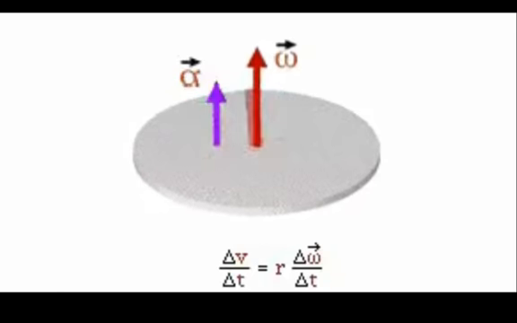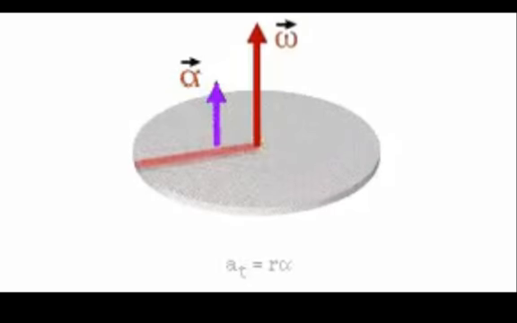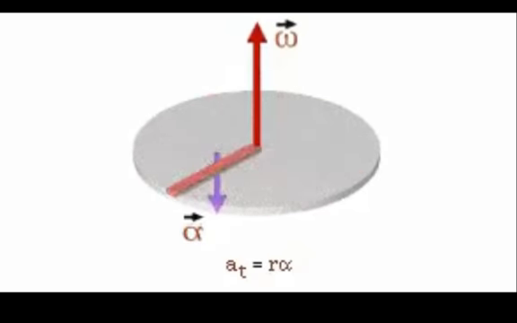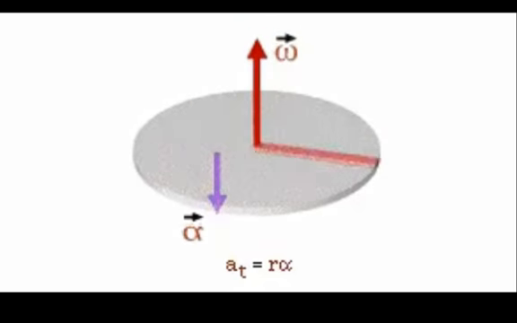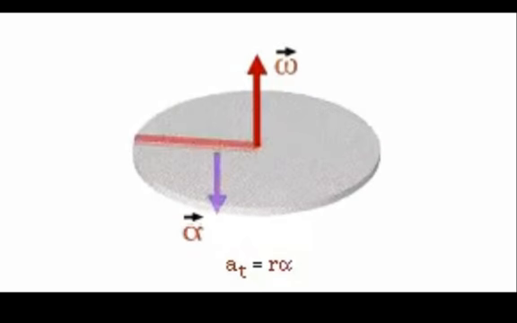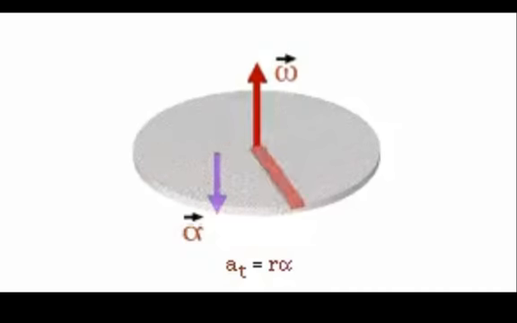The tangential component of the object's linear acceleration vector is tangent to the object's path. Its magnitude is r times the magnitude of the angular acceleration. The angular acceleration vector points along the axis of rotation and is given by the right-hand rule.